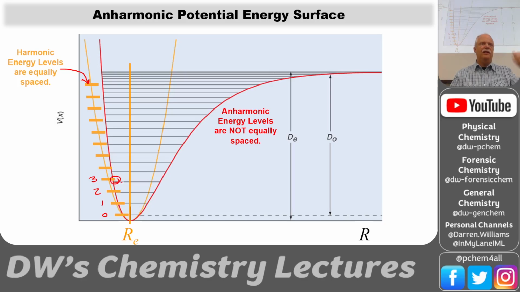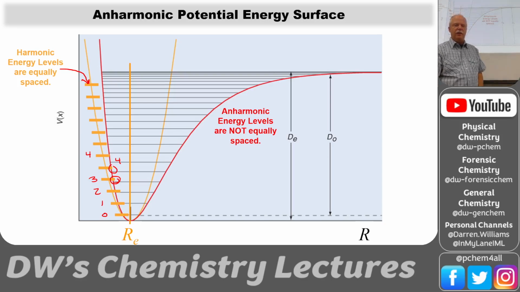The actual level is below the harmonic oscillator level, and 4 is even worse, right? This is 4 here, and this is 4 here. So that difference is that anharmonicity coming into effect. The higher you go in those energy levels, the worse it gets, like the more the base assumption that it's harmonic fails, as you go higher in the quantum number.